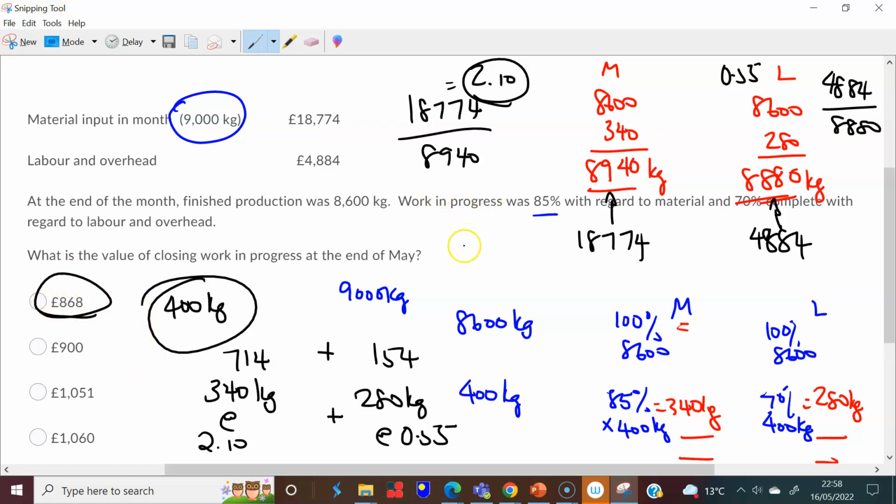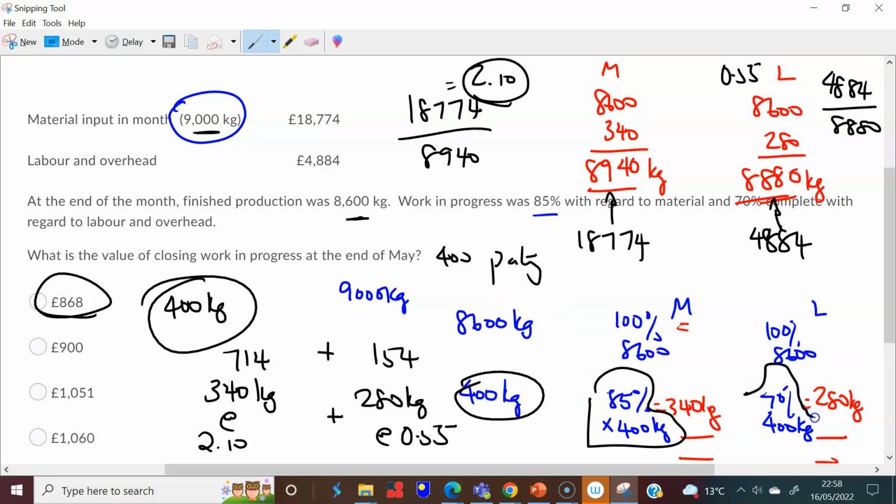So the point here is you want to look at this, identify the work in progress, which was 400, which was the difference, of course, right? And then you need to, because you can't quite measure 400 partially finished products, break that up into what they are. It's labor and material. So you have 85% material and 70% labor.